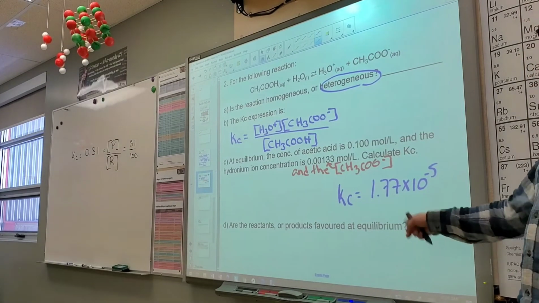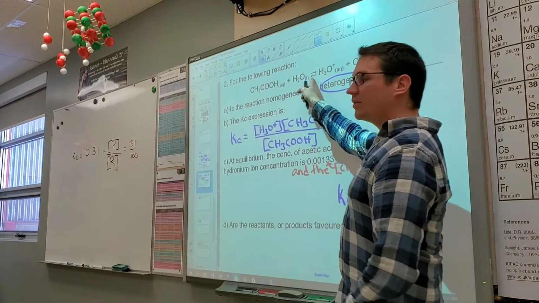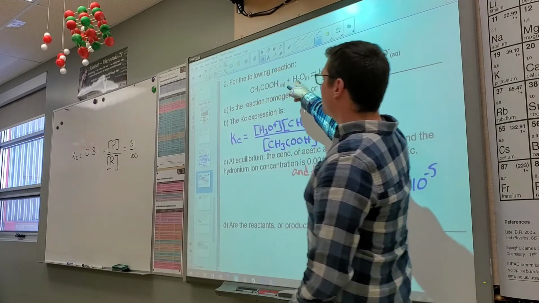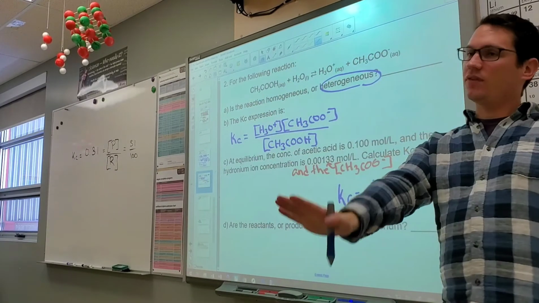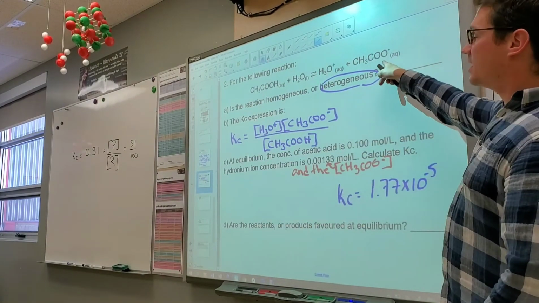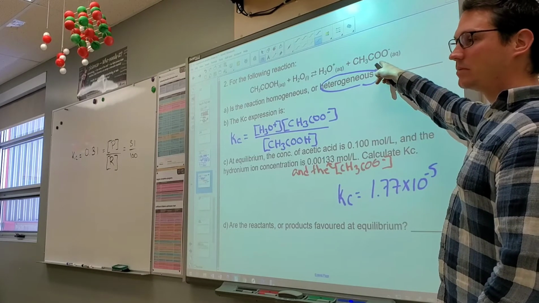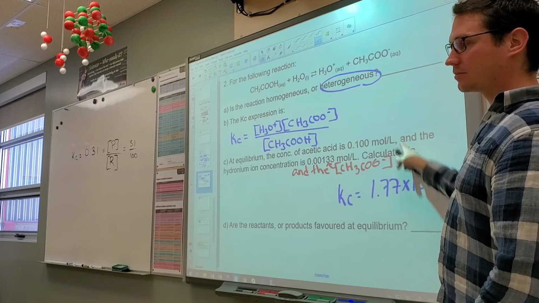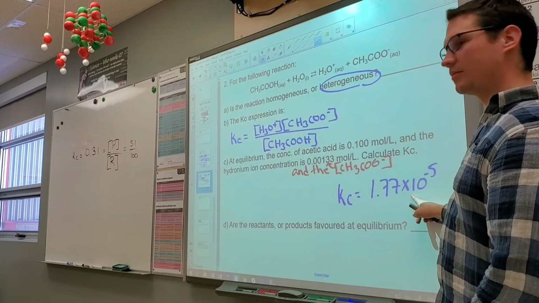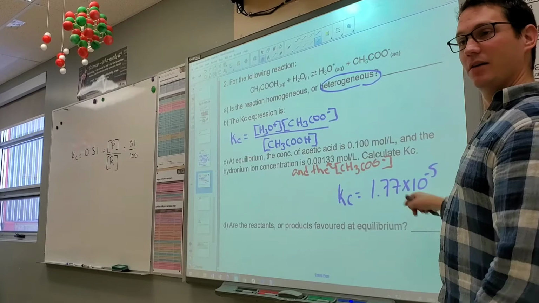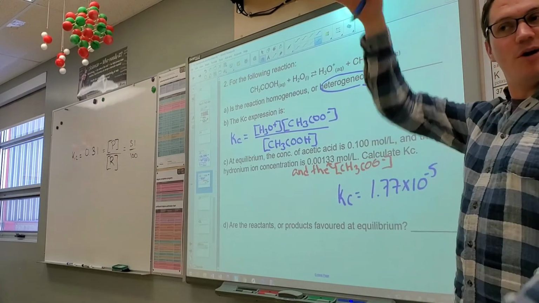Let's go back to the reaction at the top. Is this particular reaction at 25 degrees Celsius reactants favored or products favored? Is this number greater than 1 or less than 1?